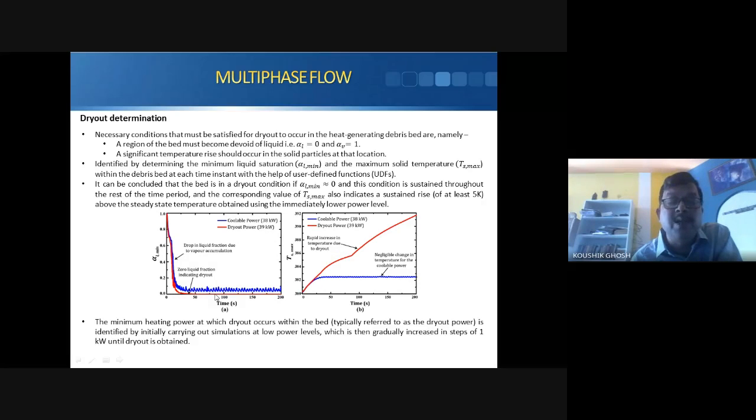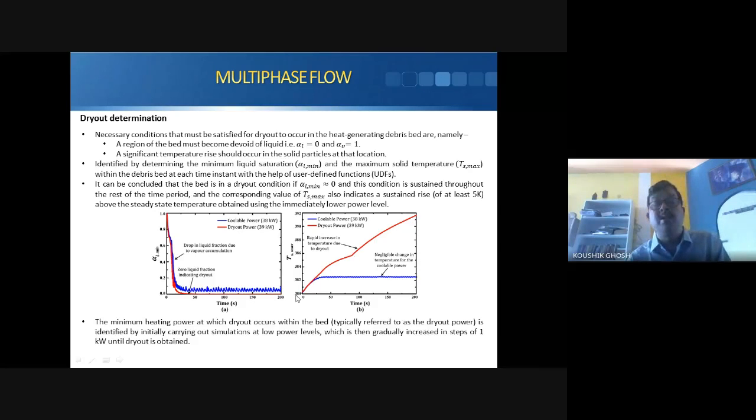The liquid saturation becomes 0. With 38 kilowatt, the temperature is almost stable. Just with the addition of 1 kilowatt, you see the temperature in the particular area and cell goes on increasing. So 39 kilowatt is the dry out power here. That is the inference from the simulation.